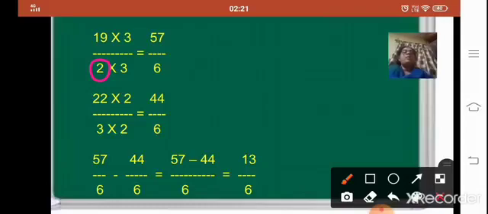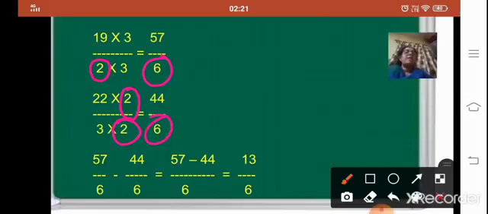Same way 22 upon 3. Which number if you multiply it by 3 you will get 6, that is 2. So denominator and the numerator both you will multiply it by 2. So 22 into 2 is 44. 3 into 2 is 6. Now can you see, children, both the denominators are same here, 6 and 6.